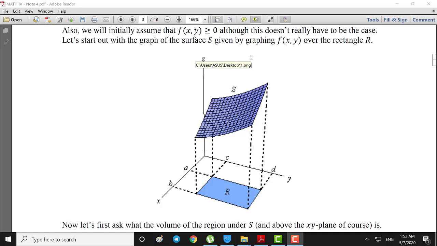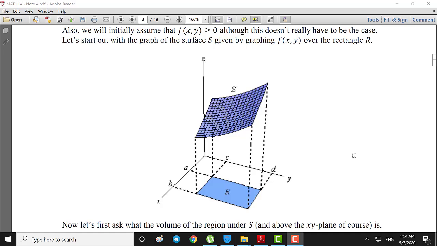Then let's start out with the graph of the surface S given by graphing f of x and y over the rectangle R, as you see in this figure here. So this surface S in purple that you see here is the graph of f of x and y over the rectangle R. Okay?